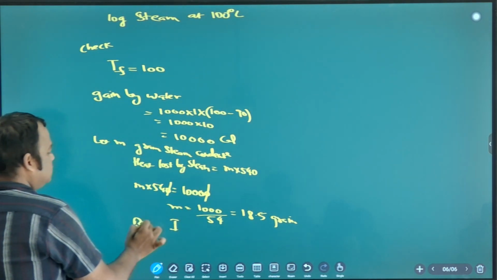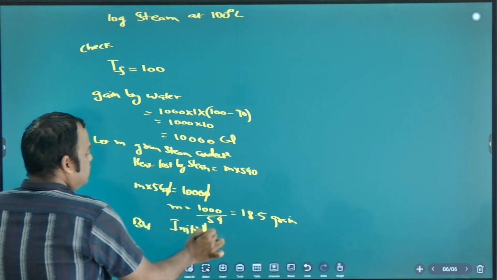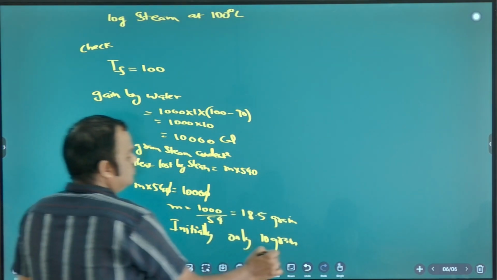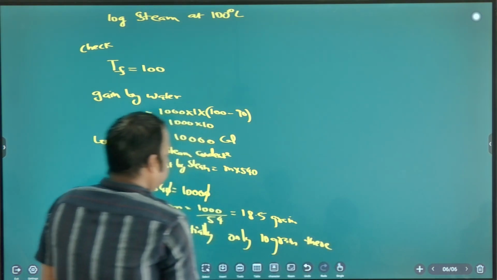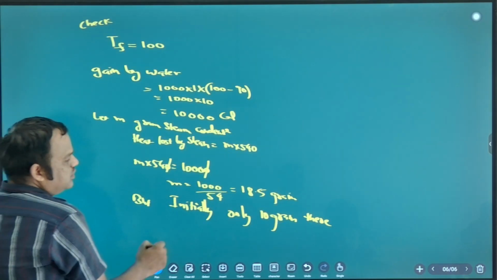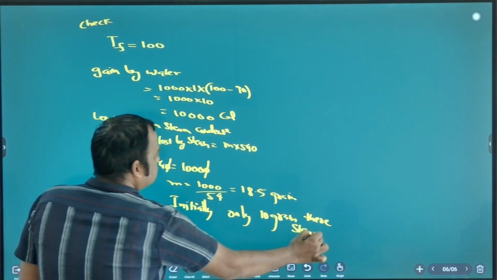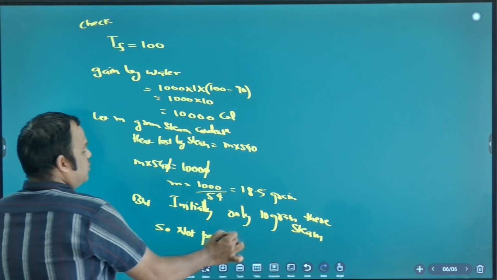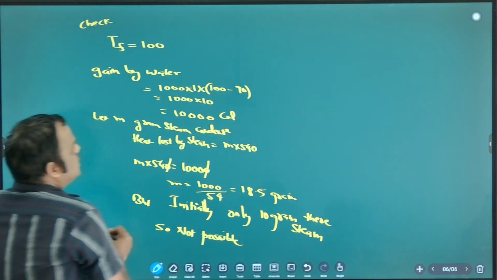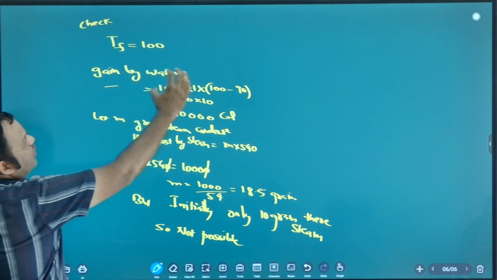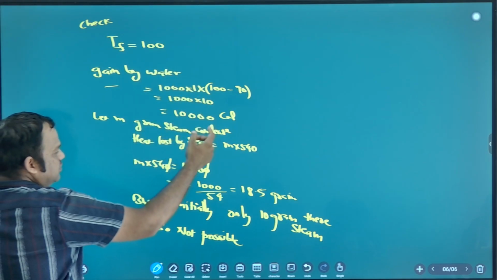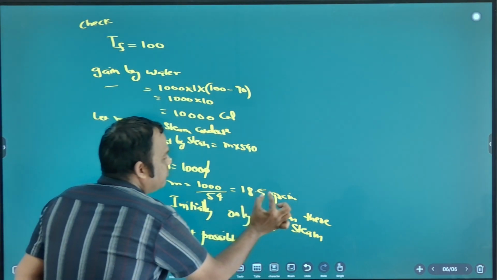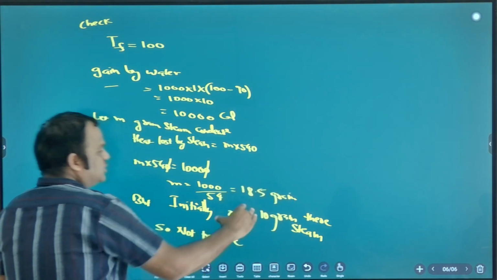Initially only 10 gram steam was there. So not possible. See, the heat gained by water is 10,000. It will gain this much heat when 18.5 gram steam condenses.